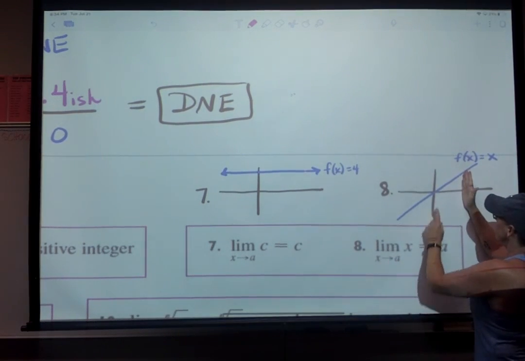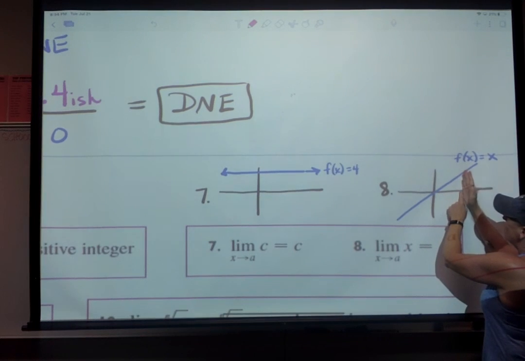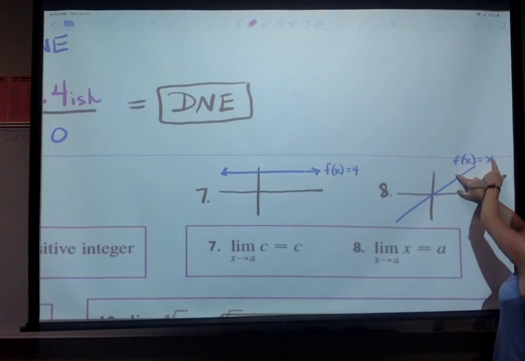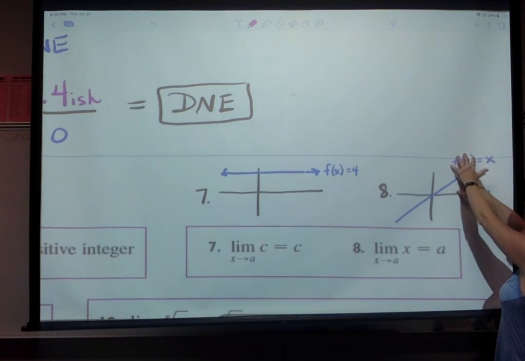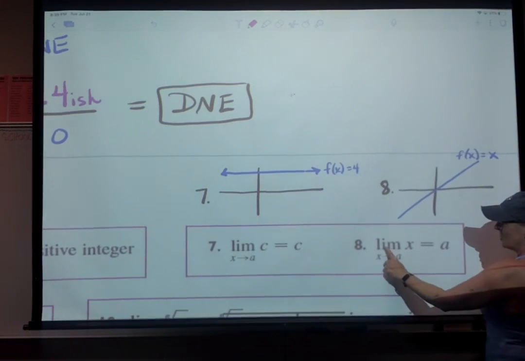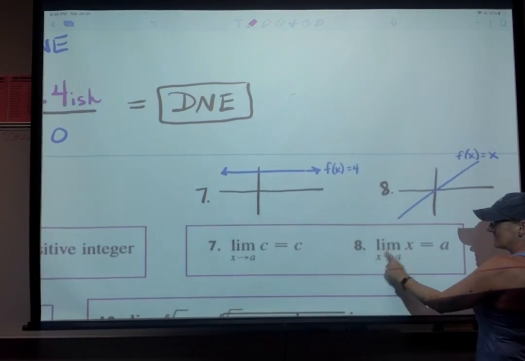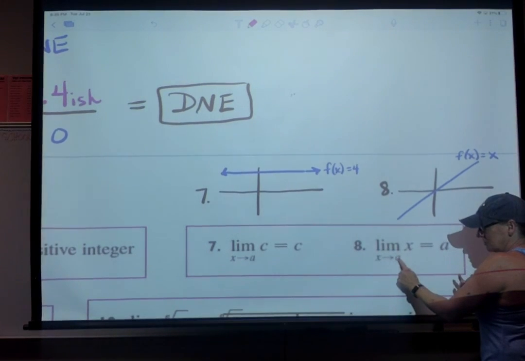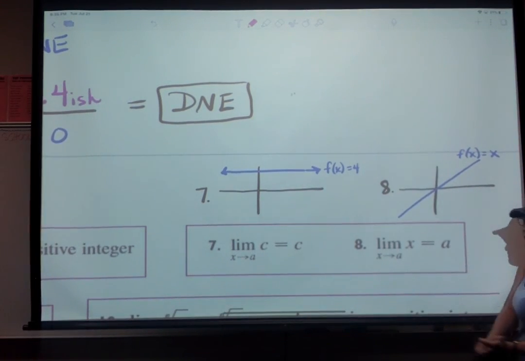Suppose a is out here. As x gets close to a, where are my y's headed? Well, if this is a, then this is a, right? So the limit of x as x gets close to this number, if x is getting close to the number, y is getting close to the number.